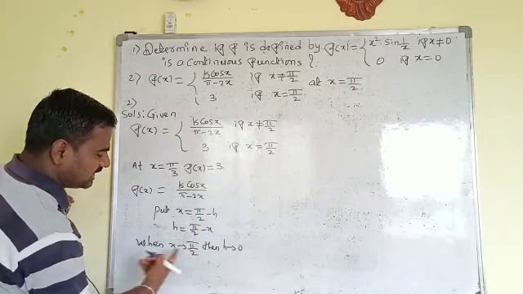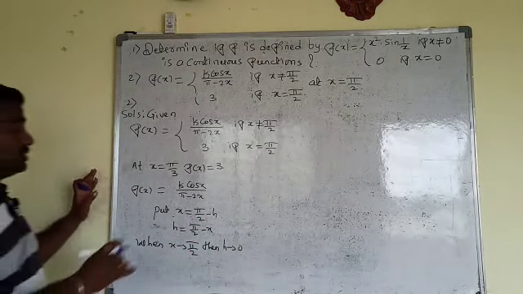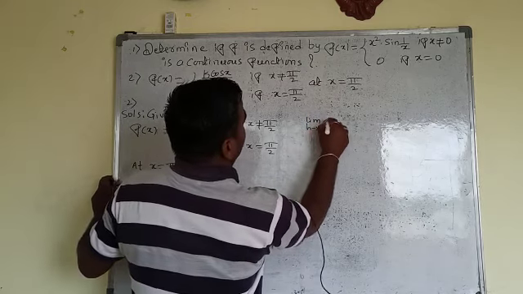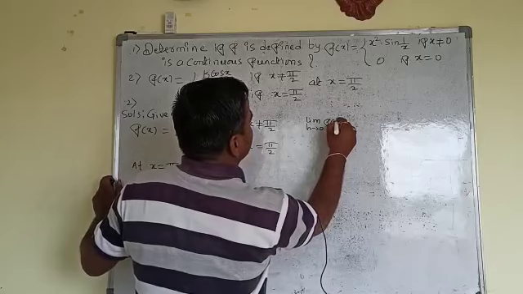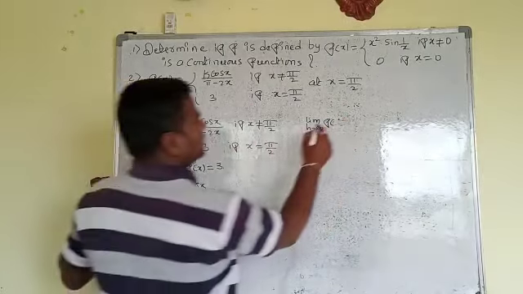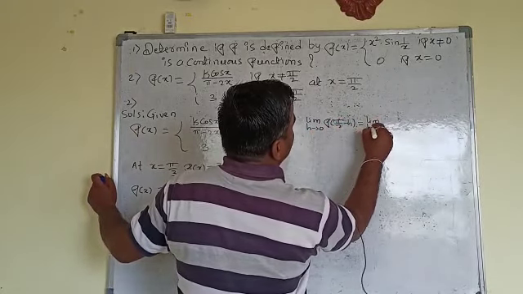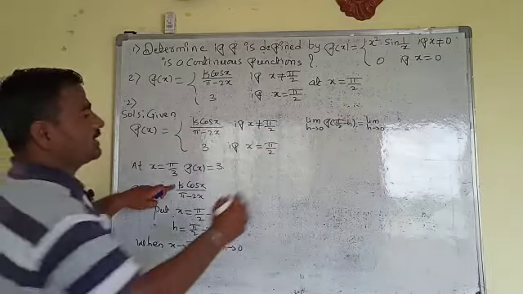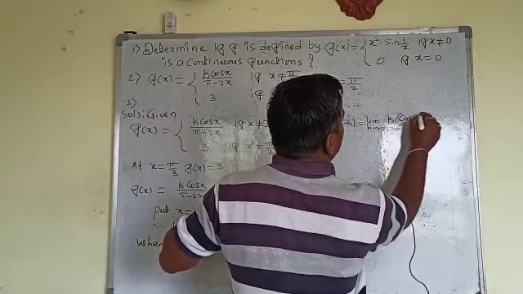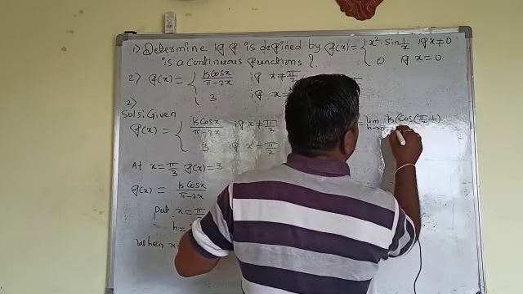Otherwise, in this second function, you can carry on like this. So keep observing this one. Then limit h tends to 0, f of x, replace x with pi by 2 minus h. Limit h tends to 0, k keep constant. So here cos x means cos of pi by 2 minus h, right?